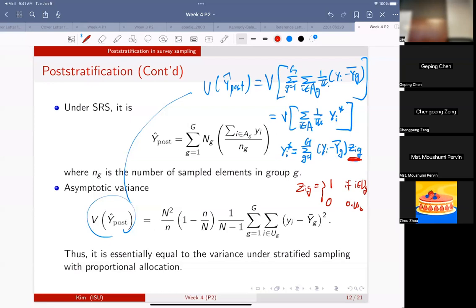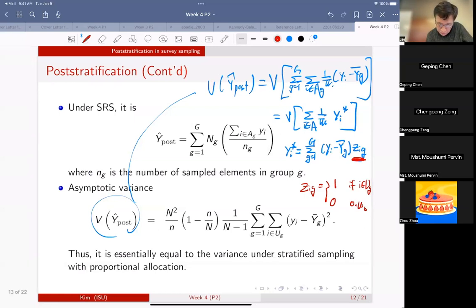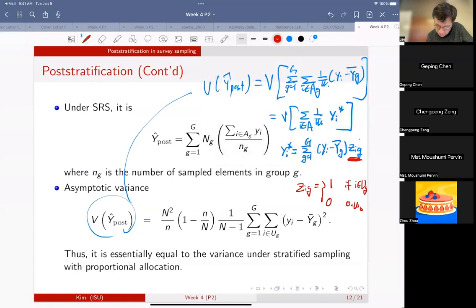the y. And then once you use this yi star notation, then the formula for simple random sampling is easy, right?